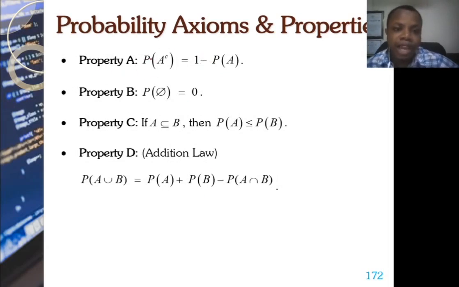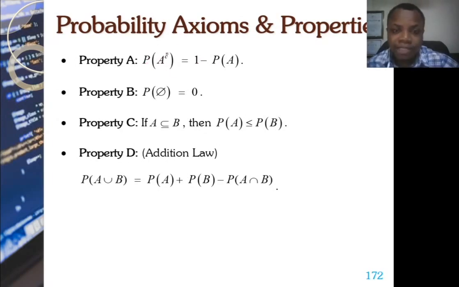So anytime that we have a probability and we would like to determine the probability of its complement. Suppose that we've been able to determine the probability of an event, let's say A, and we would like to determine the probability of that event's complement. Now remember that all probabilities should range from 0 to 1.